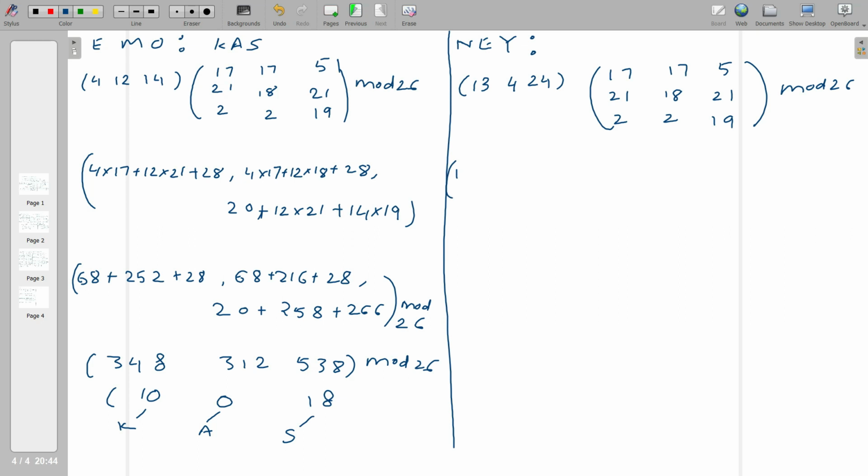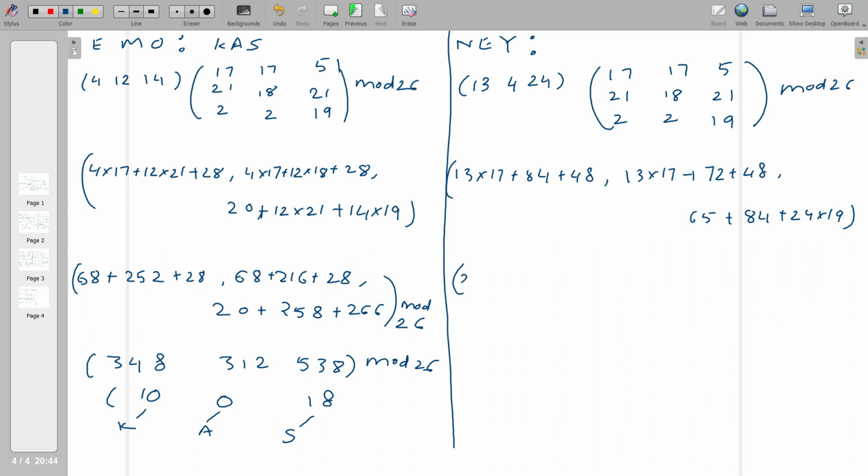It will be 13 into 17 plus 4 into 21, which comes out to be 84, plus 24 into 2, which comes out to be 48. Similarly, 13 into 17 plus 4 into 18, which comes out to be 72, plus 24 into 2, which comes out to be 48. Similarly, 13 into 5, which is 65, plus 4 into 21, which is 84, plus 24 into 19.